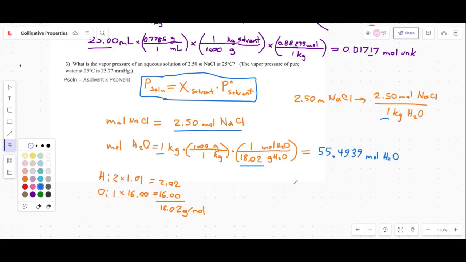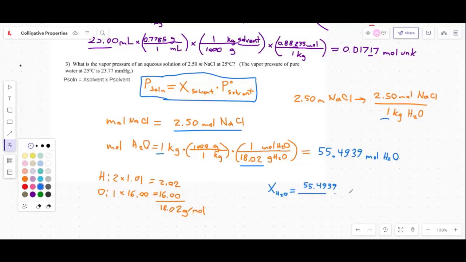Exactly, very good. And how would I solve for the mole fraction of water in this case? The formula would be the mole fraction of H2O equals the moles of H2O over the moles of H2O plus the moles of the sodium chloride.